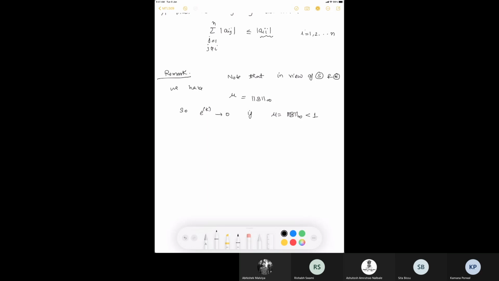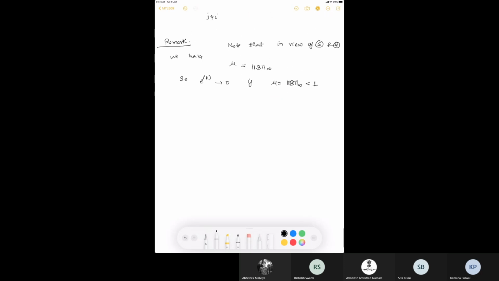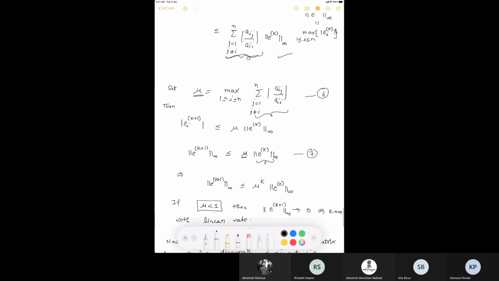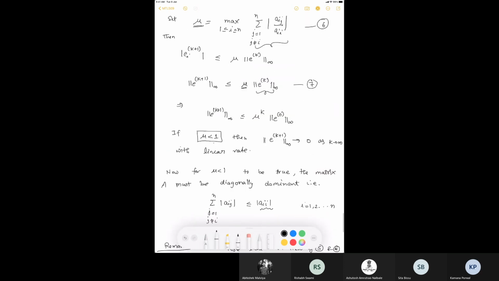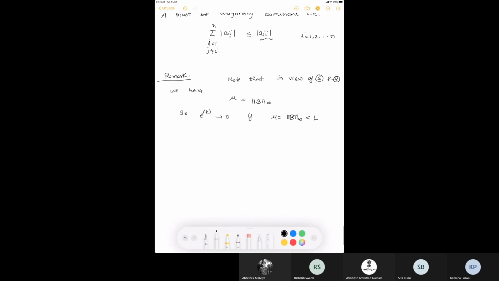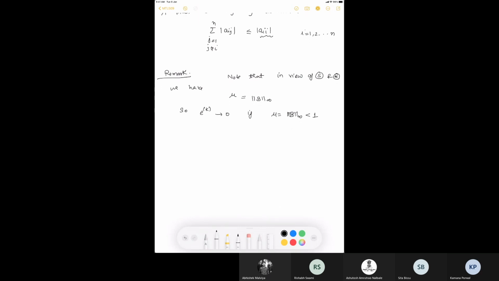So is it okay so far? Any doubts here? Any queries? All right, so if not, then in this method, if you try to count the number of operations, okay, so I'm not going to go into the details of this, but if you count how many operations we are performing to finally get the solution up to the desired accuracy, it will be proportional to n square.